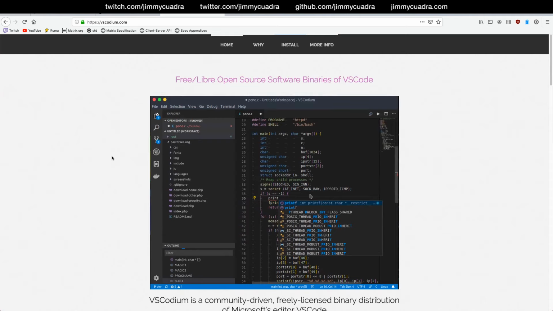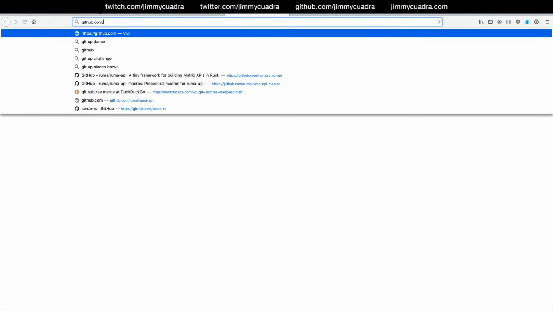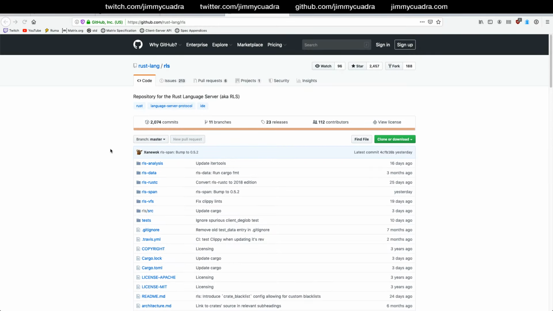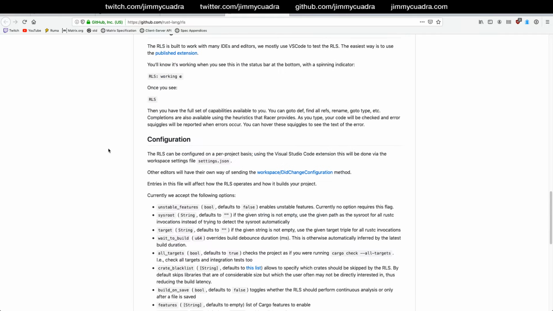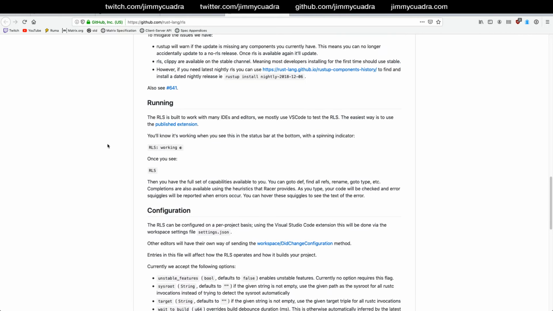Yeah, VS Code is also very, very popular. I know it even has some pretty good Rust integration, like Rust-Lang RLS. The Rust language server has an official component. Yeah, the RLS is built to work with many IDEs and editors. We mostly use VS Code to test the RLS. The easiest way is to use the published extension.